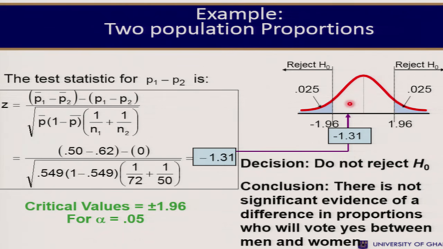That is, negative 1.31 is greater than negative 1.96 and less than 1.96, and hence it falls within the unshaded portion, which is not the rejection region. Therefore we do not reject our null hypothesis and conclude that there is not significant evidence of a difference in the proportions of women who vote yes and that of men who vote yes.